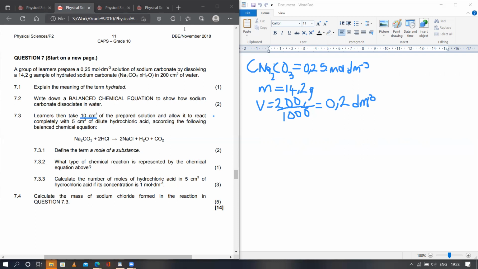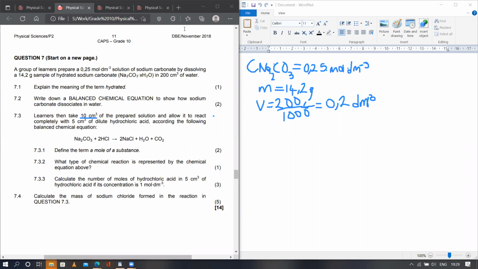Now they want you to define a mole of a substance. So you can just define that. And they say what type of reaction is represented by the chemical equation above.